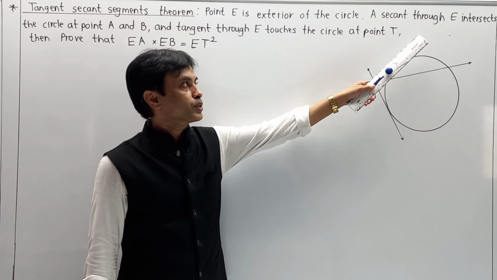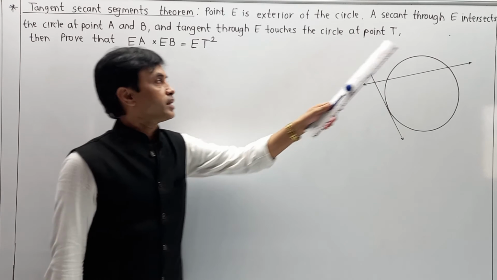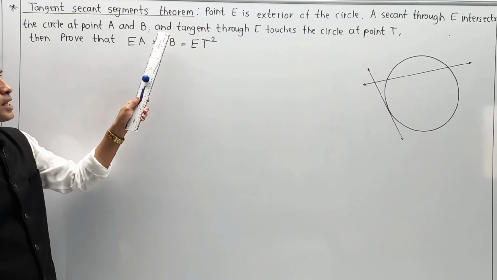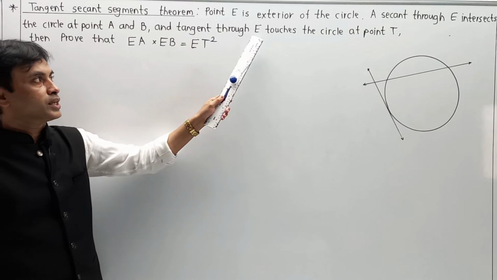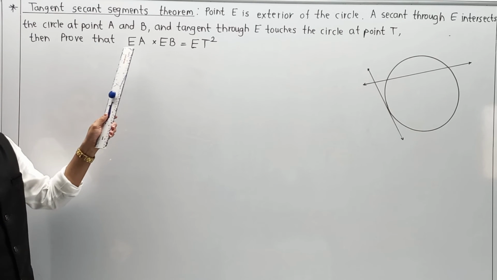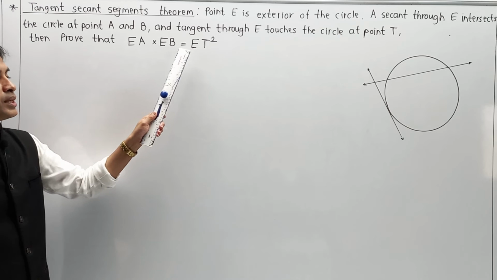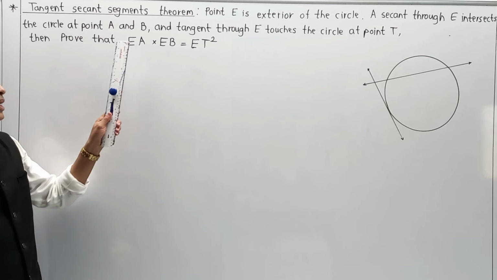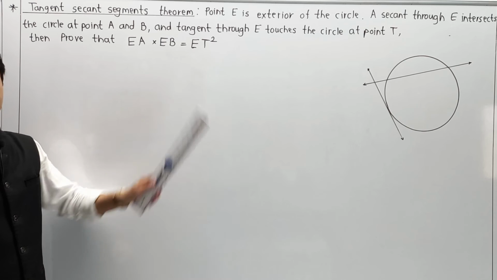A secant through E intersects the circle at points A and B, and a tangent through E touches the circle at point T. Then prove that EA into EB is equal to ET square.